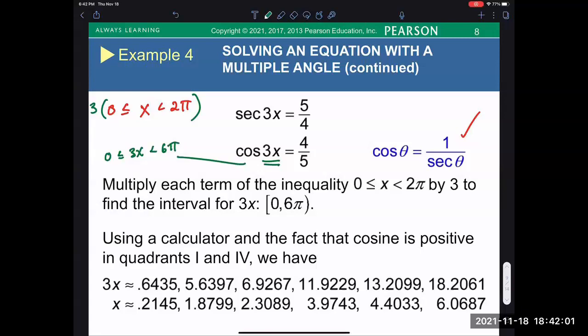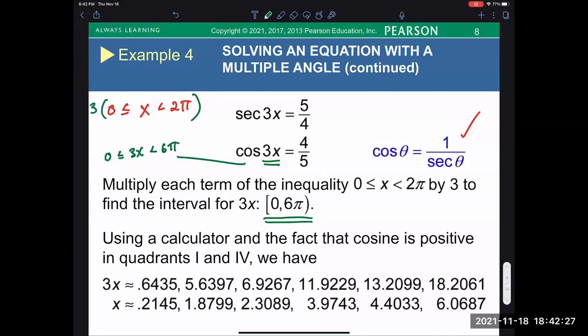So when we find all angles for 3x between 0 and 6 pi that work in the equation, those will be all the angles for x between 0 and 2 pi that work in the equation. They're pointing that out: multiply each term of the inequality by 3 to get this interval for 3x.